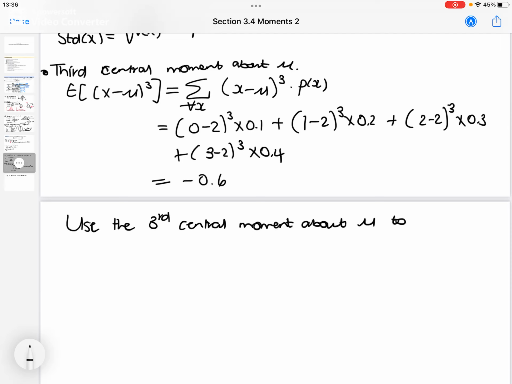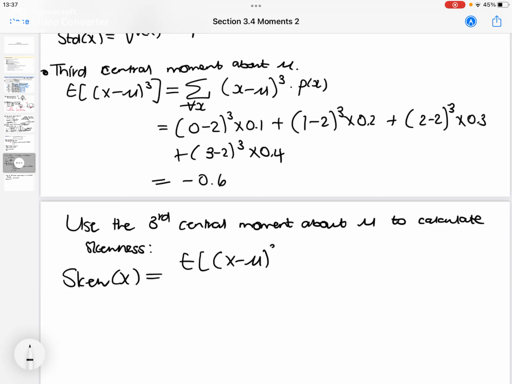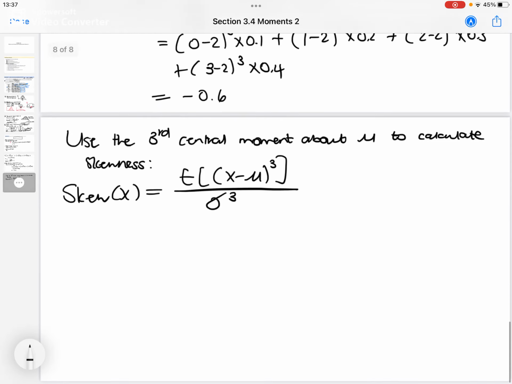And so the next question is to use the third central moment about mu to calculate skewness. And so you would say the skewness of random variable x is equal to the third central moment about mu divided by sigma to the power 3.